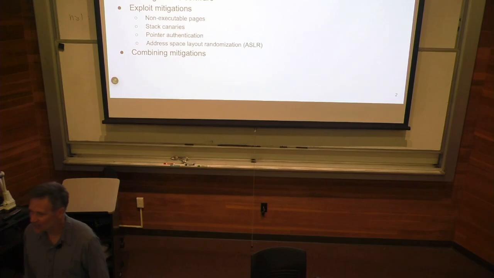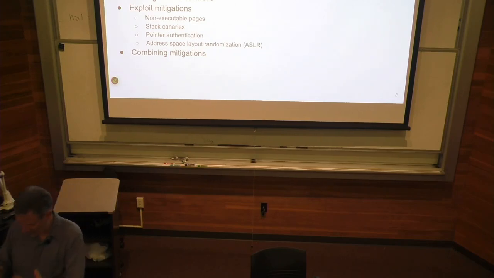Let's do a check. Can I write a buffer overrun bug if I'm writing C code? Is that possible? Yeah, we just saw examples. Could I write a buffer overrun bug if I'm writing Python code? Maybe?